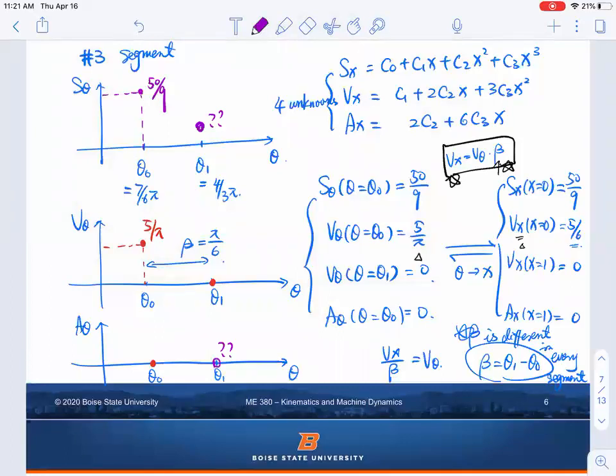I forgot. Anyway, the only thing I remember here is this acceleration, A, when theta equals theta 1, in the time domain is minus 240 meters per square second.